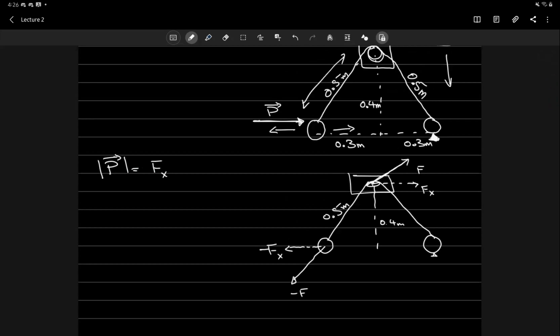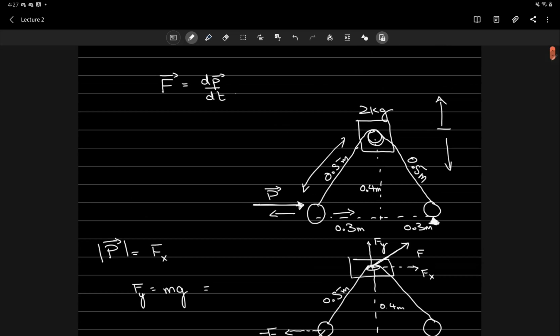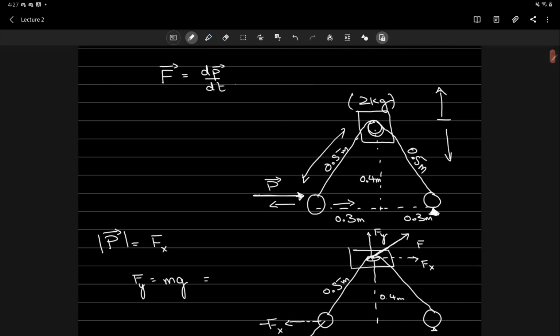For the vertical force on the weight due to the rod, that is Fy, this one, it's actually very easy, right? Because it's just the mass of the weight times the acceleration due to gravity. So Fy is equal to mg. I said that the mass is, let me remember, yes, I called it 2 kilograms.